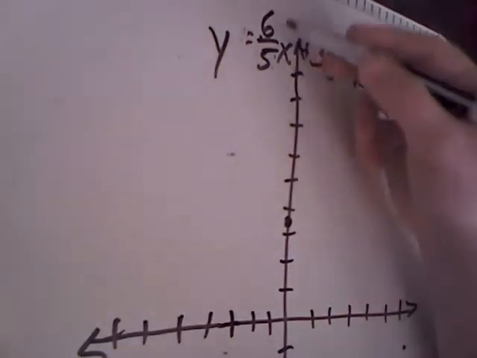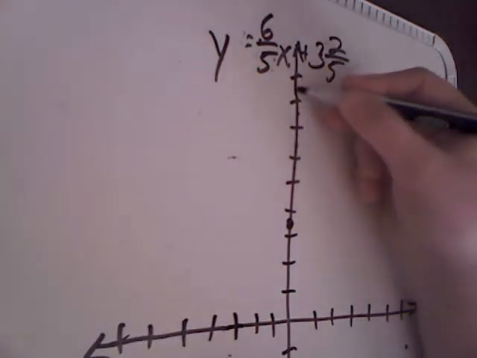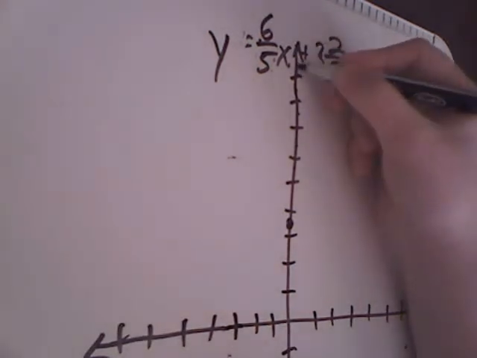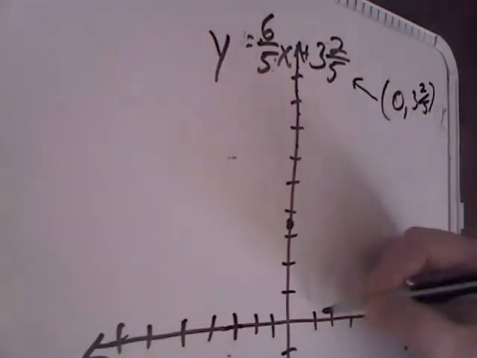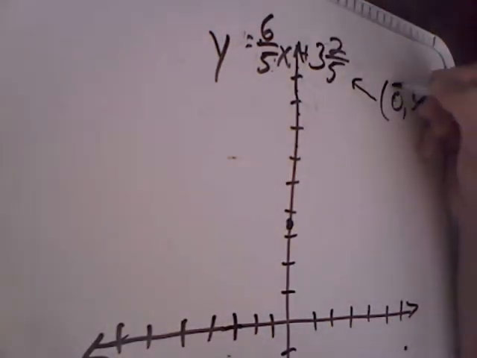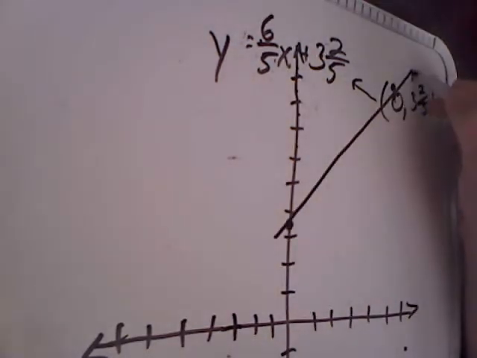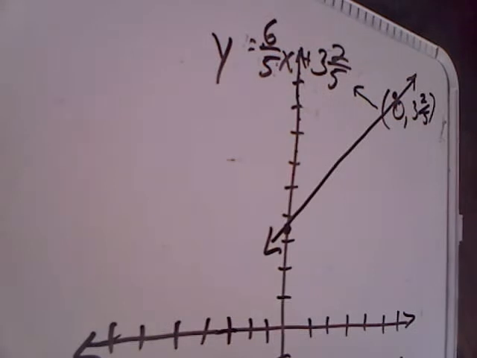So if I jump up 6, 1, 2, 3, 4, 5, 6, and then run 5 spaces, 1, 2, 3, 4, 5, my next point is going to be right here. And I have a line.